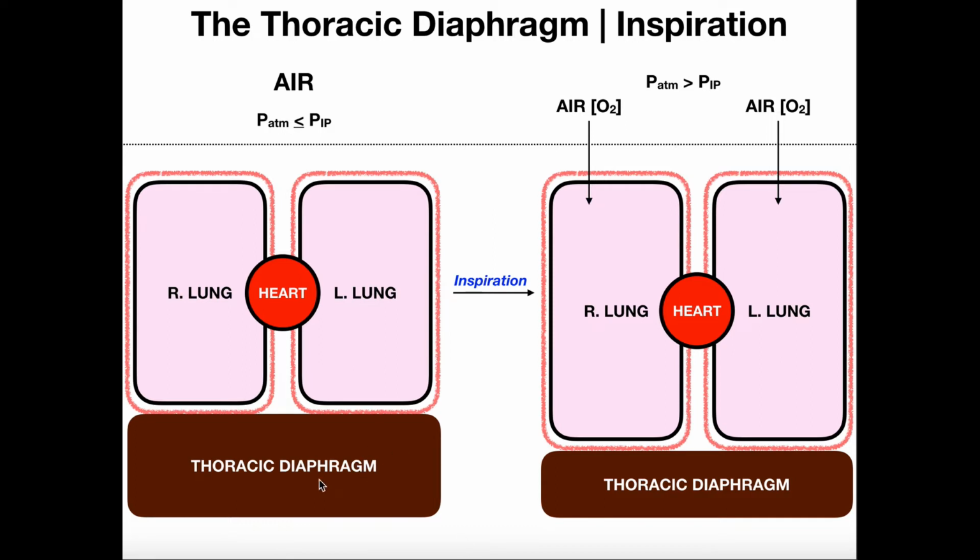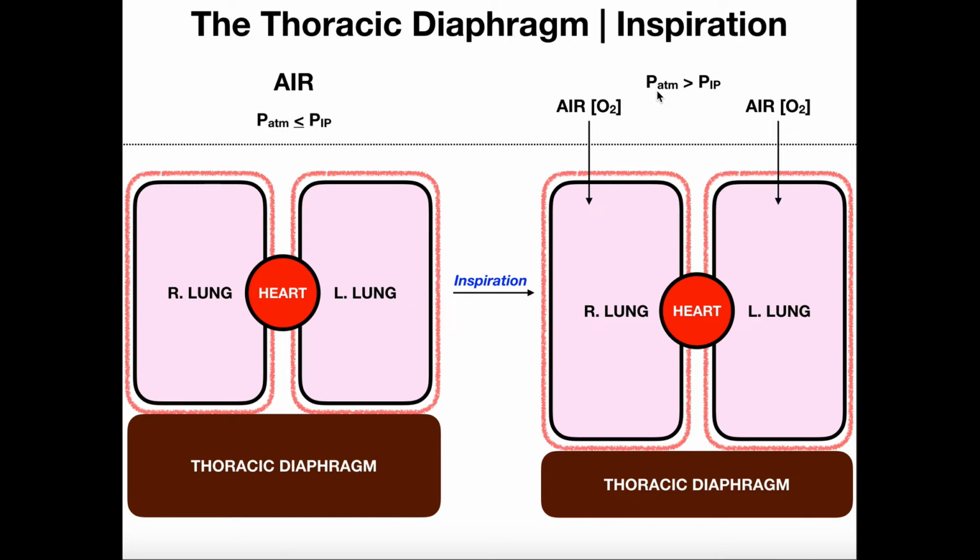You know how breathing in works? You can actually feel, if you breathe in hard enough, you can actually feel your lungs expanding. But what's happening at the diaphragm is it's contracting and pulling downward, as we mentioned on the previous slide. So what happens? The volume inside each of these lungs increases and the pressure decreases. That is, the intrapleural pressure decreases. The atmospheric pressure does not change.